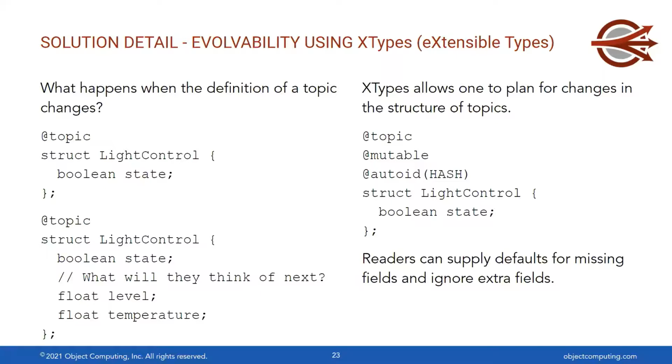So in doing this and allowing this type of extensibility, the readers can supply defaults for a missing field. So for example, if it's expecting a level and a temperature, but the light controller doesn't have that, it can supply those. Or if it's not expecting those, it can also ignore those extra fields. So XTypes allows the definition of a topic to change over time while retaining backward and forward compatibility.